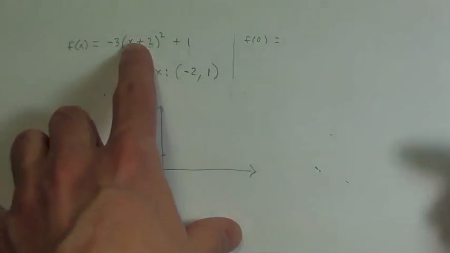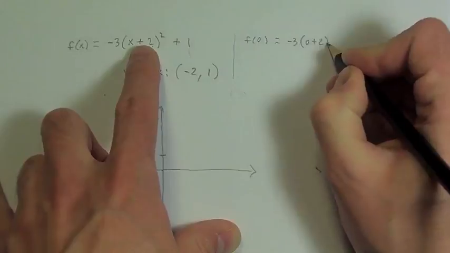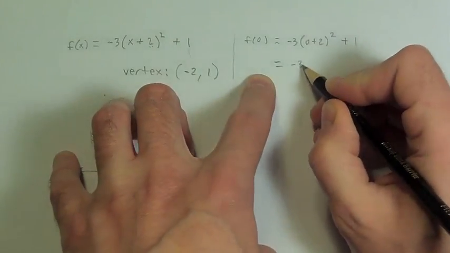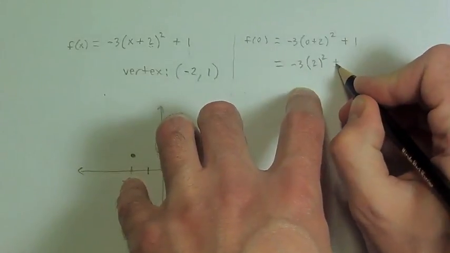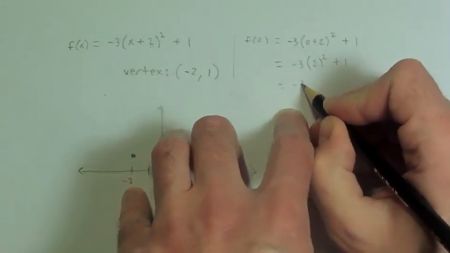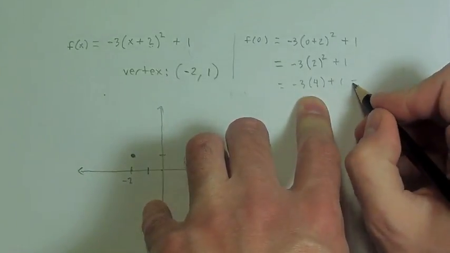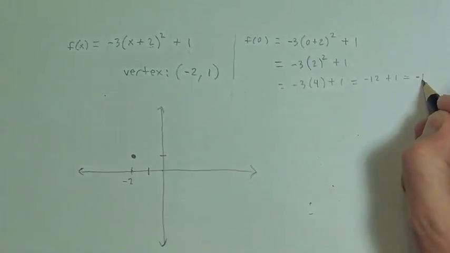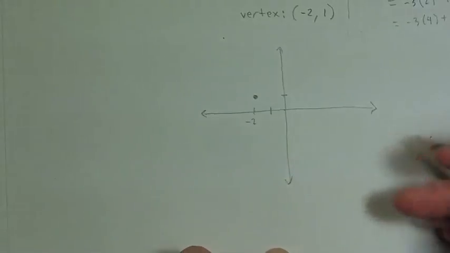I'll get -3 times (0 plus 2) squared plus 1. Then we'll get -3 times 2 squared plus 1. So this is -3 times 4 plus 1. So this is -12 plus 1. So we get -11.